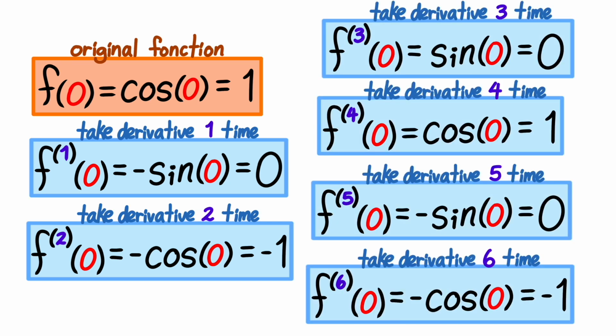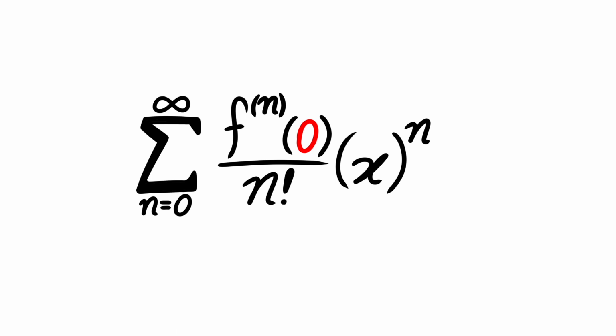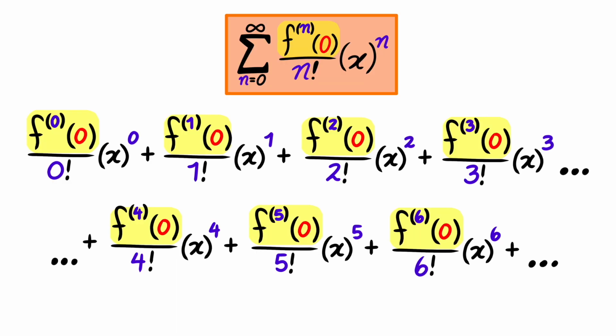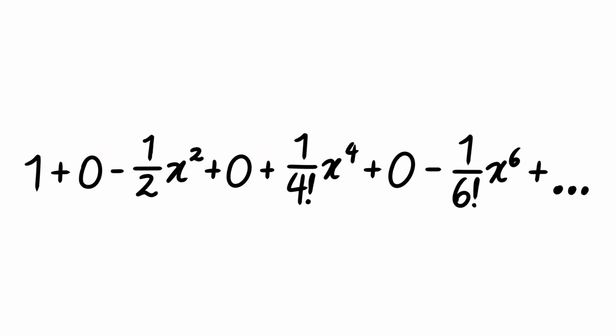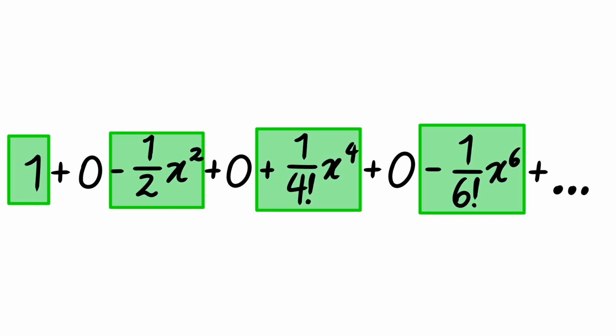Basic stuff, really. So now let's plug in all of these numbers back into our nifty formula here, and let me just expand the series a bit to see what's really going on. After some quick simplification, we can start to see that a pattern emerges. This series alternates between a value and 0 throughout the whole thing, so we're only going to take those numbers into account.